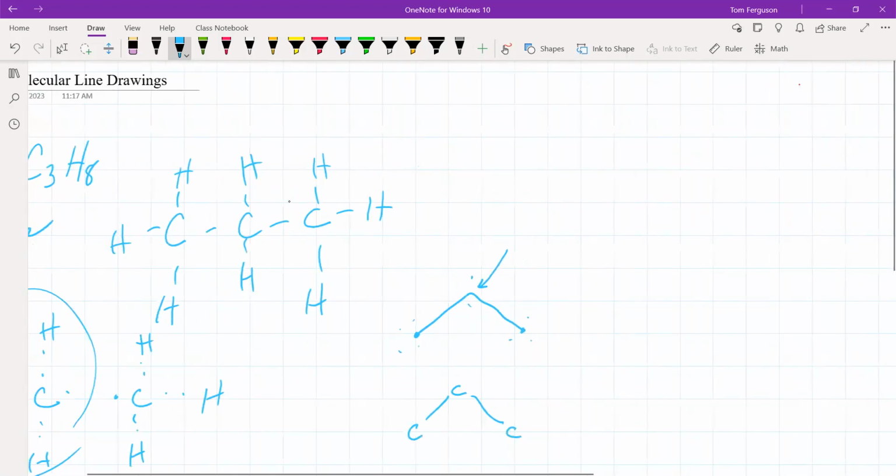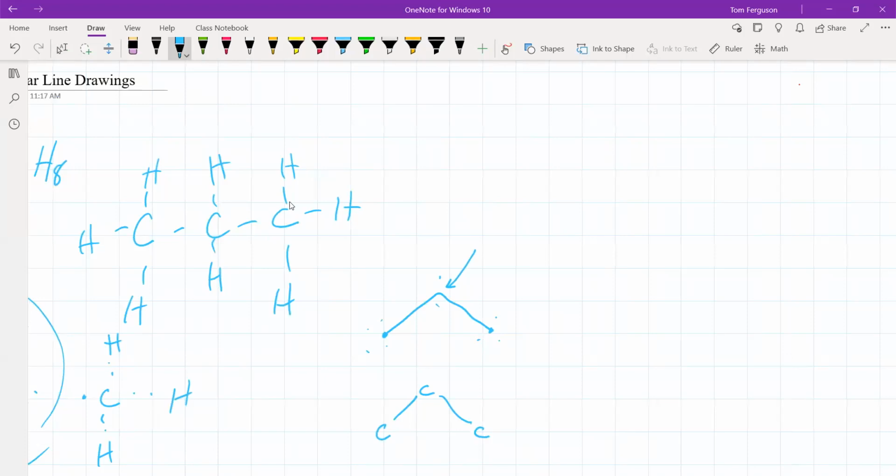Now, if you see a biochemical structure of glucose, for example, this is the way it's drawn. Each time there's a kink in that line, there is a carbon there.